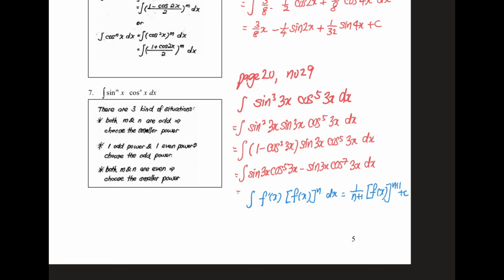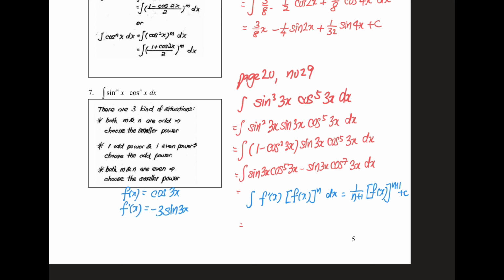Okay, so I know the differentiation of cos 3x is negative 3 sine 3x. So that is what we know.